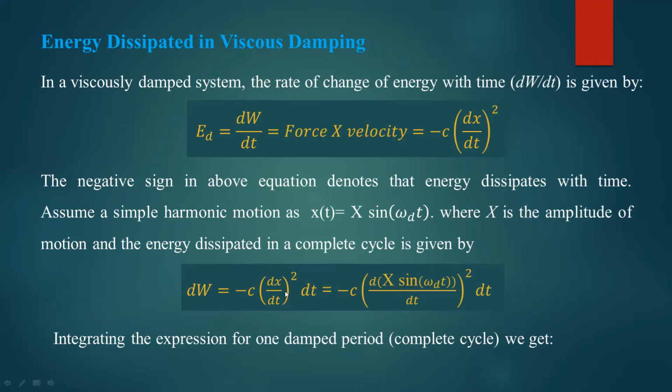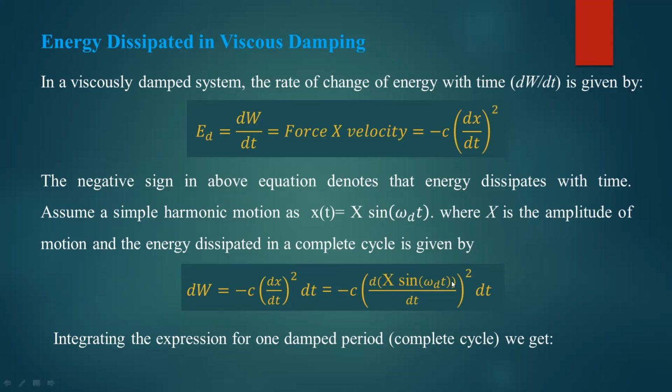Once we appropriately take x equal to X sine omega d t, that is the solution for damped oscillation, x of t is equal to X sine omega d t.